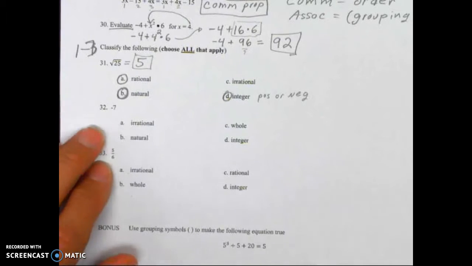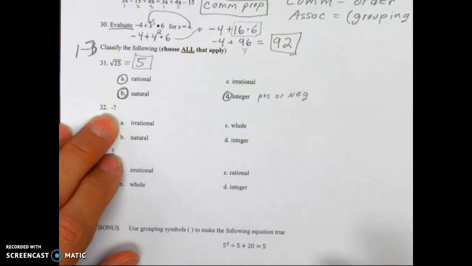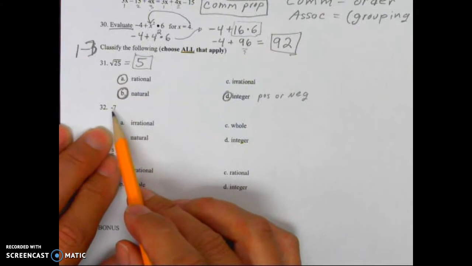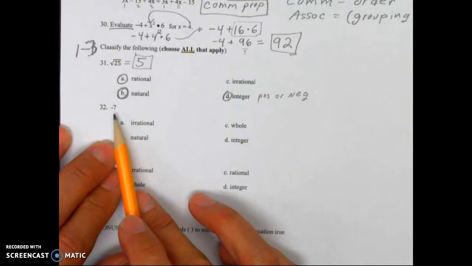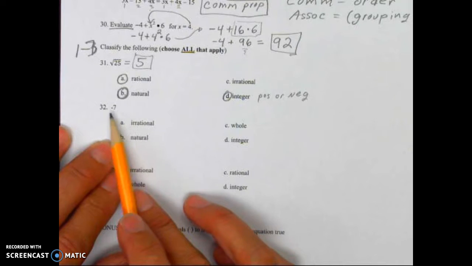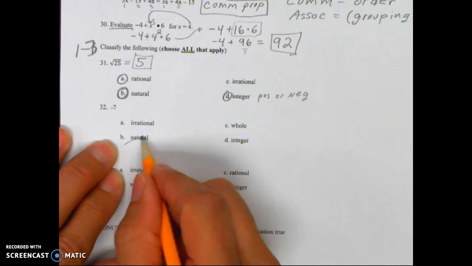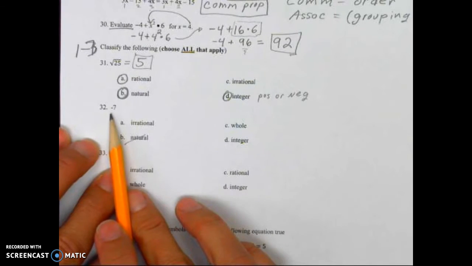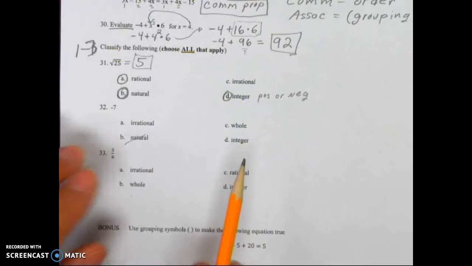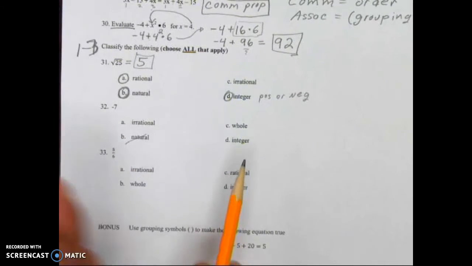All right, let's look at negative 7. Is that a counting number? Is that like a birthday number? No, you can't be negative 7 years old. You can't count on your fingers negative 7. So it is not a natural. Is it a whole number? Remember, whole numbers start at 0. So they go 0, 1, 2, 3, 4.